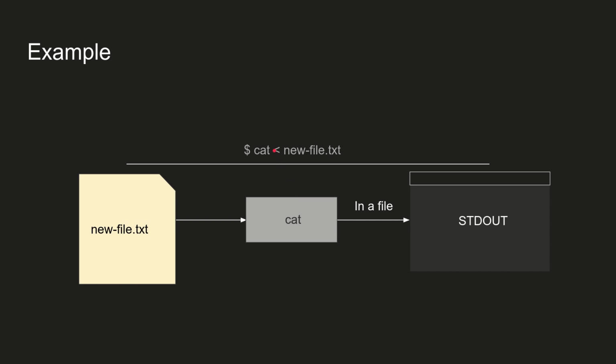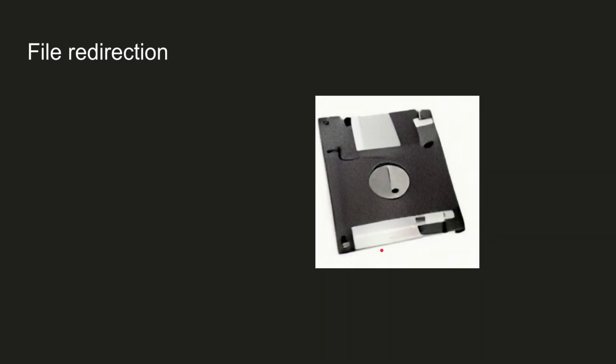You can say, instead of greater than symbol, a less than symbol, and you can make the contents of this file be the input to this program, in which case cat would still say in a file to standard out or the terminal window. So this is good for saving any results you might want later and debugging steps in complicated shell invocations.